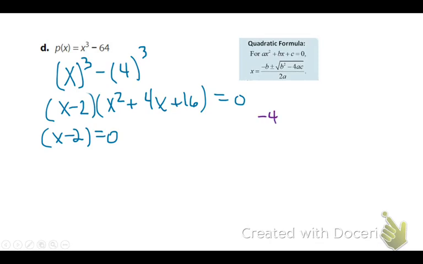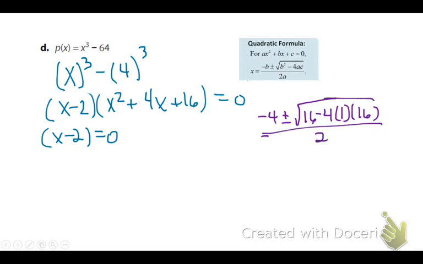So we would have negative 4 plus or minus, and there's that plus or minus again, our B squared, which would be 16, minus our 4 times our A of 1 times our C of 16, divided by our 2 times our A of 1.